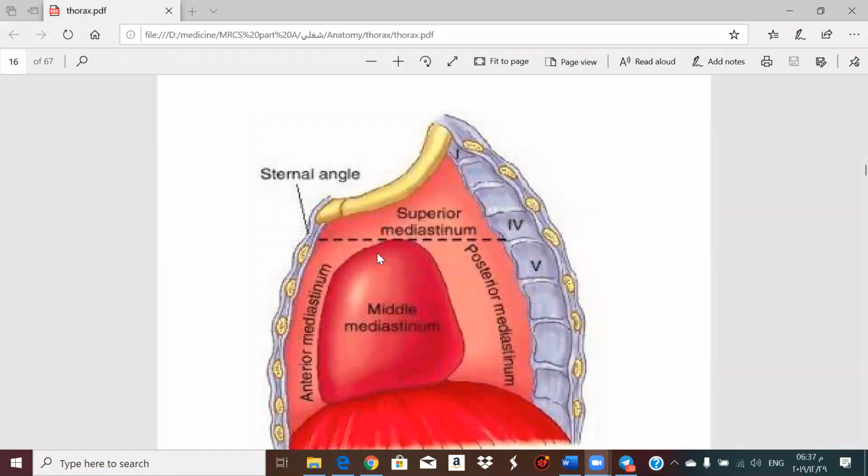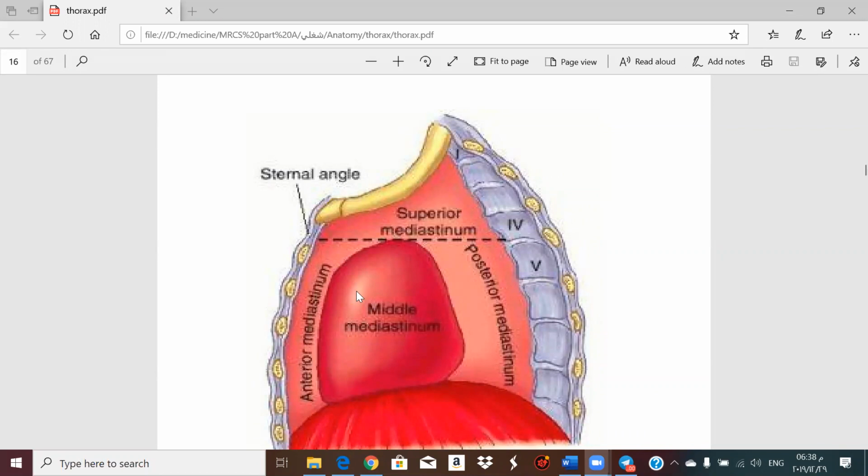Middle mediastinum. Anyone can say the boundaries with me? Dr. Daivish, okay. Superiorly, the imaginary line between the sternal angle and the fourth thoracic vertebra.